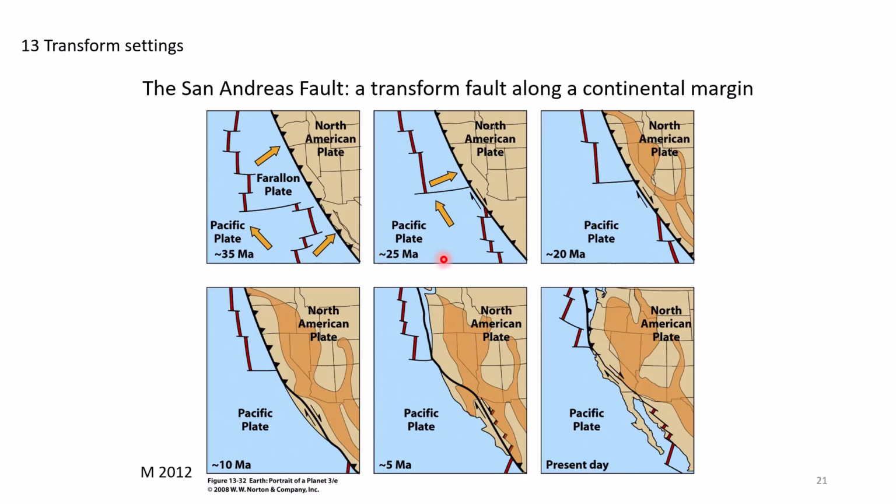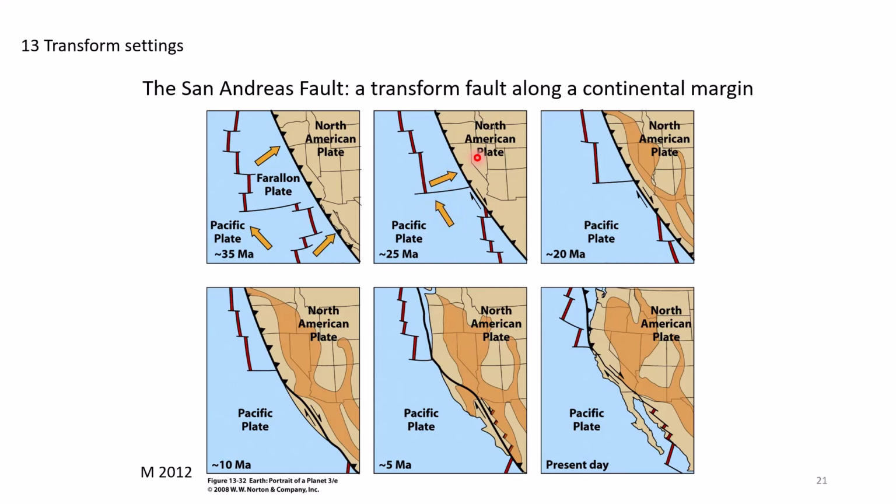The Pacific plate has a movement vector to the northwest, and this is caused by this mid-oceanic ridge, which further to the south curves into a roughly northeast southwest orientation, and that is pushing the Pacific plate to the northwest.